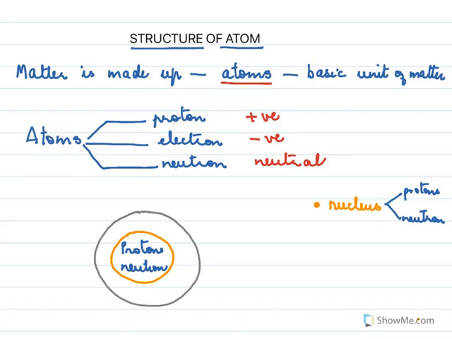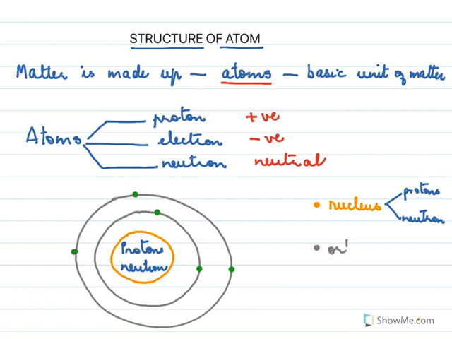So we have orbits around the nucleus, and in these orbits are present the electrons. So the atom, you can say, is made up of the nucleus, and then it has another part which are the orbits. And these electrons are present in these orbits.